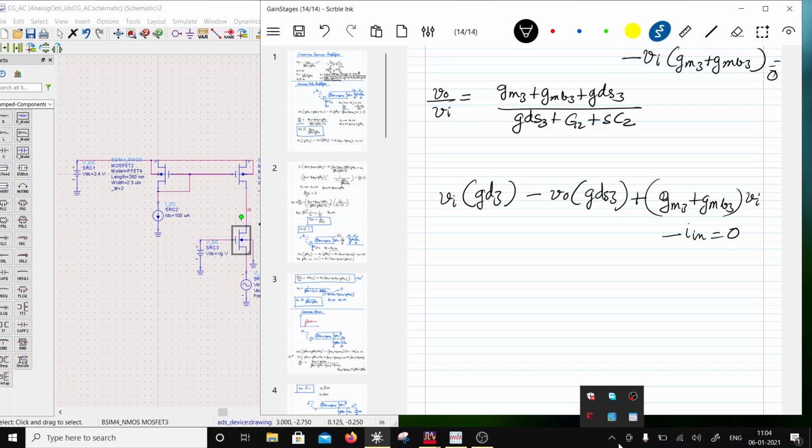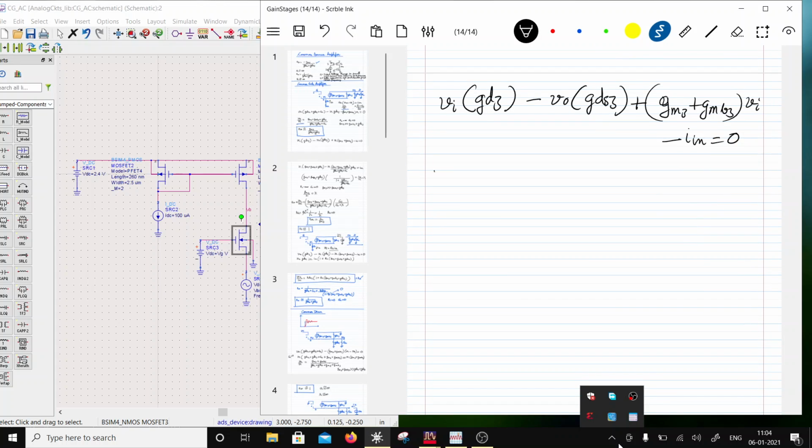equal to 0. Now I'm going to collect the terms of VI, which will be GM3 plus GMB3 plus GDS3, minus VO.